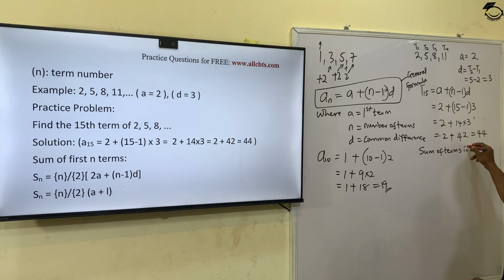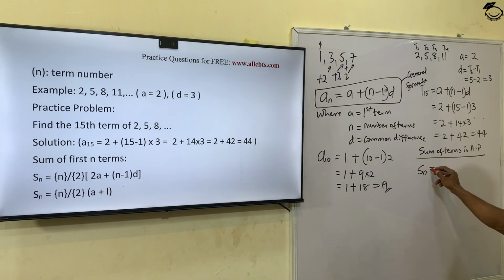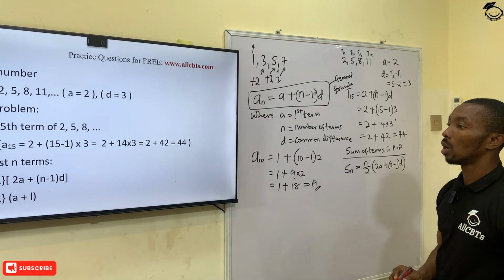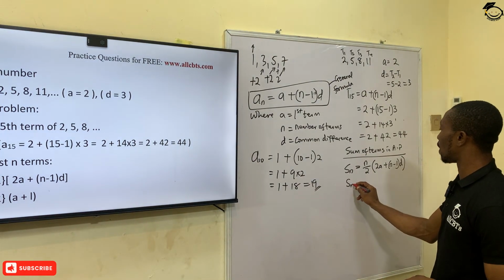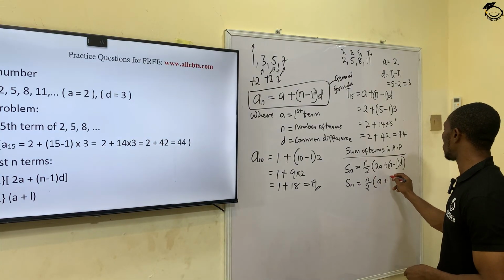In an AP, we have Sn equals n over 2 times the bracket 2a plus n minus 1 d. Or we can use Sn equals n over 2 times the bracket a plus l.